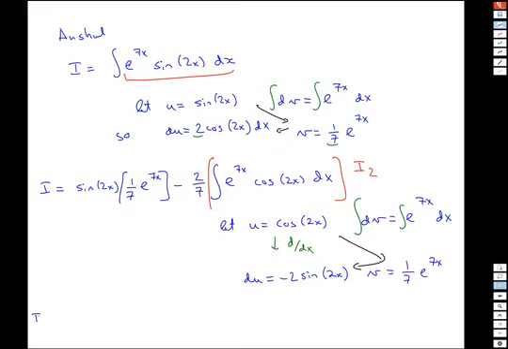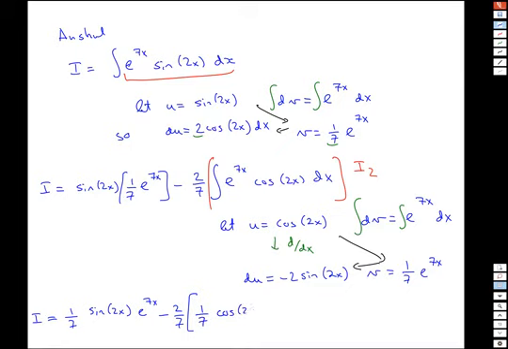So this time I will copy everything down. So we have 1/7 sine of 2x e to the 7x minus 2/7 times what we just found here, the cos and a 1/7. So I'll just bring the 1/7 out.